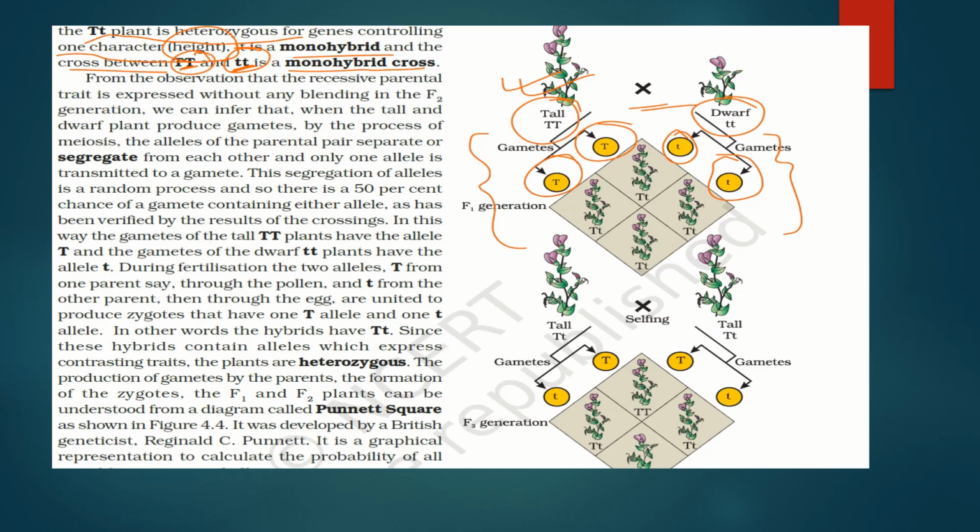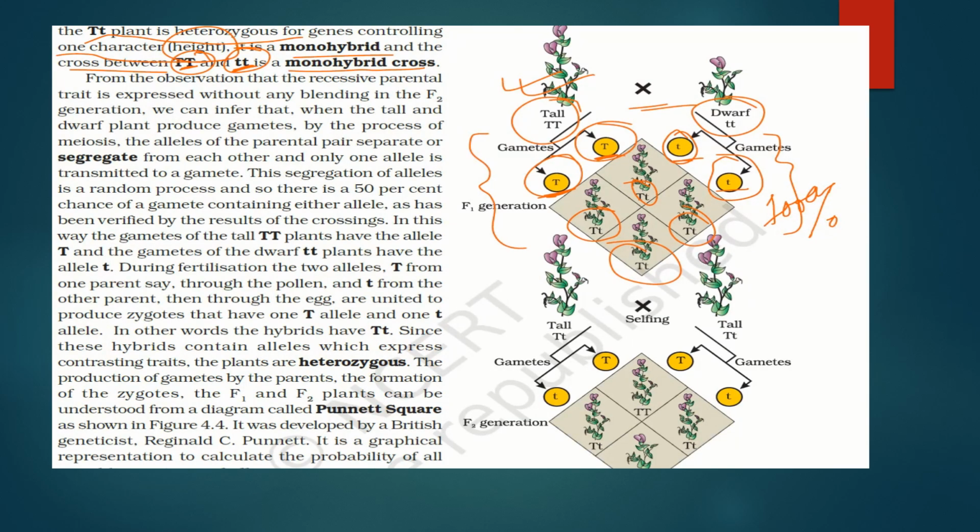So what will be the result of that? Tt, you can see, then Tt, again this one is Tt, and again this Tt. So all are heterozygous in genes, and they will all be the same type of plants. In the genotype they are 100% heterozygous, but they are all tall plants.